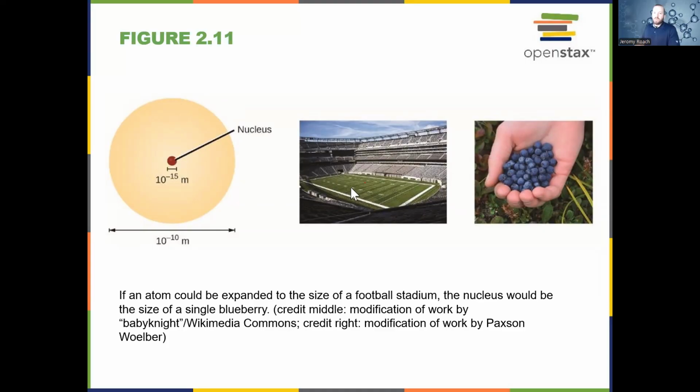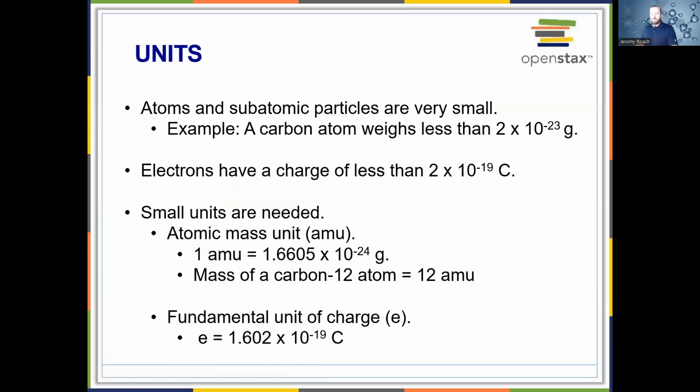And the nucleus would be the size of one blueberry. And I put a very small red dot there. In fact, that blueberry would be even smaller than that red dot. So that's just to help you understand the size of the nucleus compared to the electron cloud.